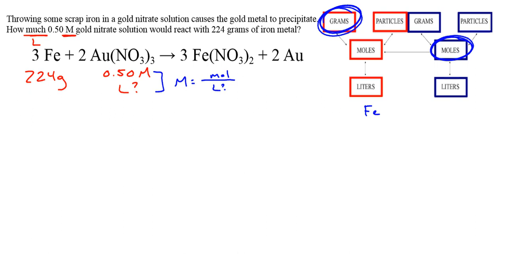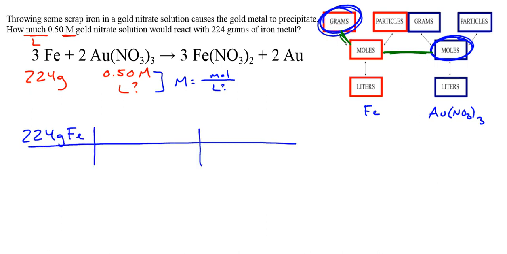This is my iron. This is going to be my gold 3 nitrate. So it appears that I'm going to do 2 steps and then solve. So I have 224 grams of iron. I'm going to do 2 steps.